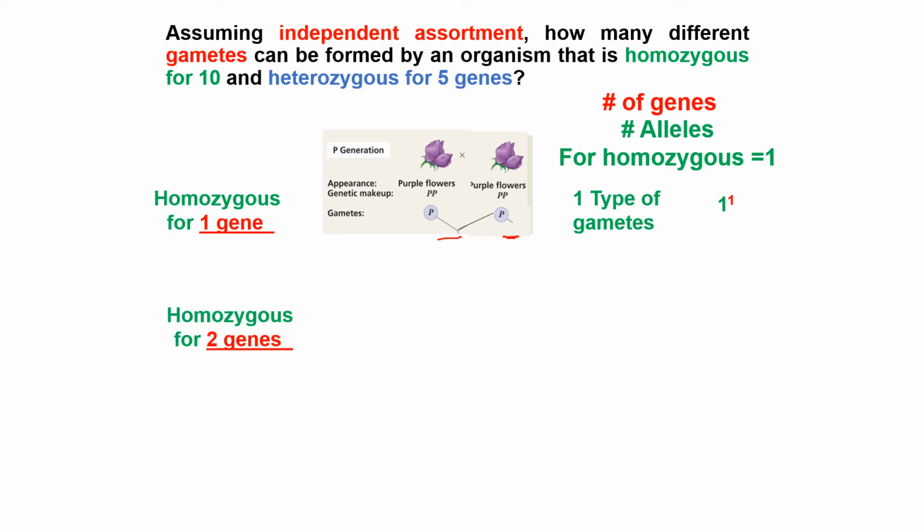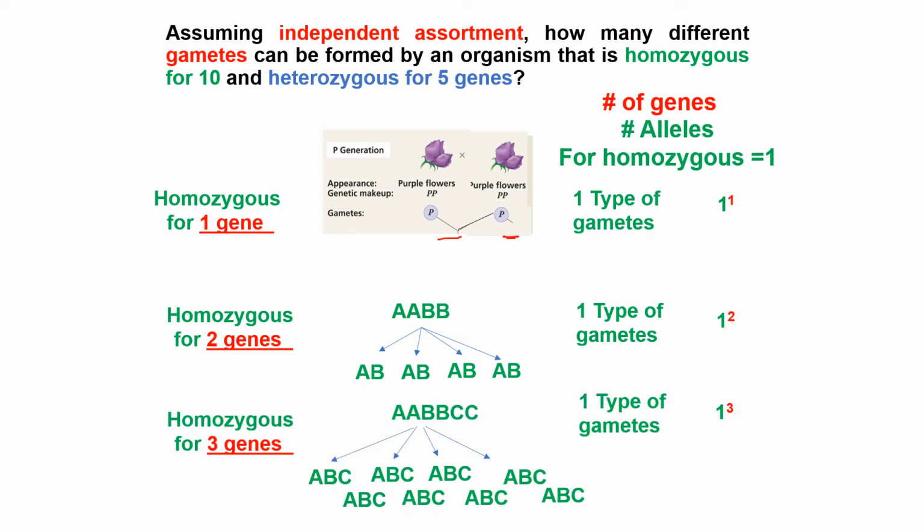When you have 2 homozygous genes, again, it's like this exercise. So you just multiply 1 by 1 by 1. All of them will look the same. So it's 1 raised to the power of 2.